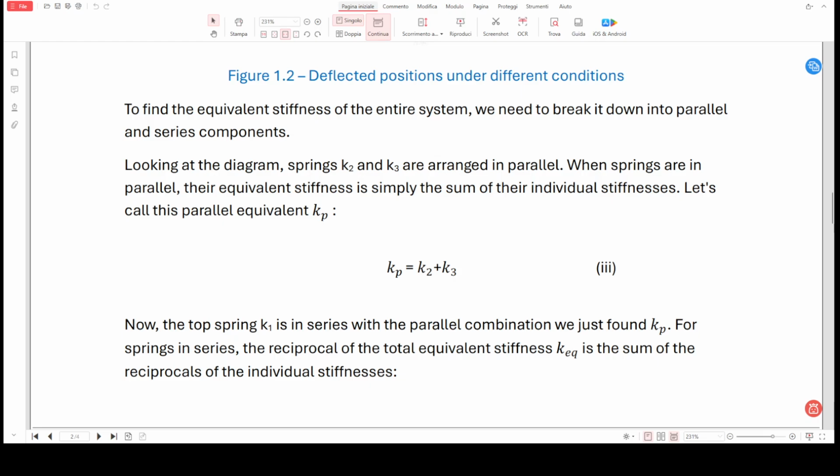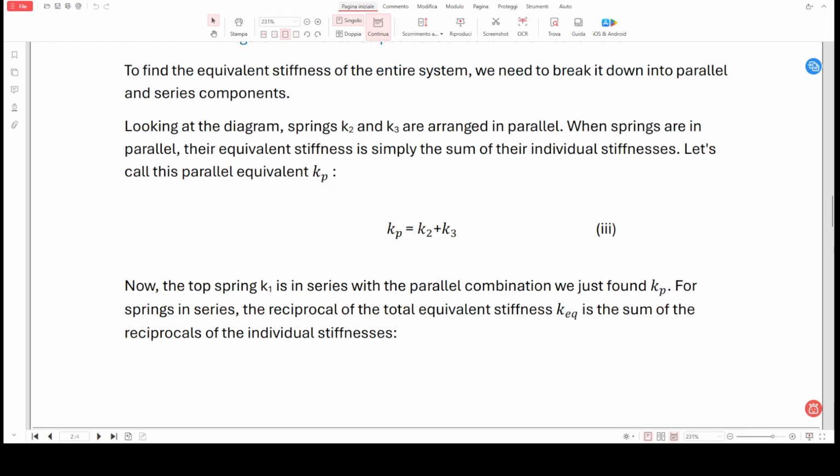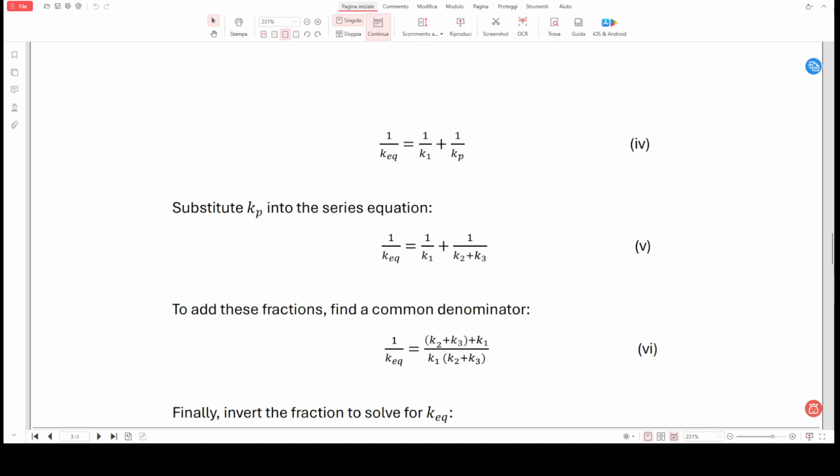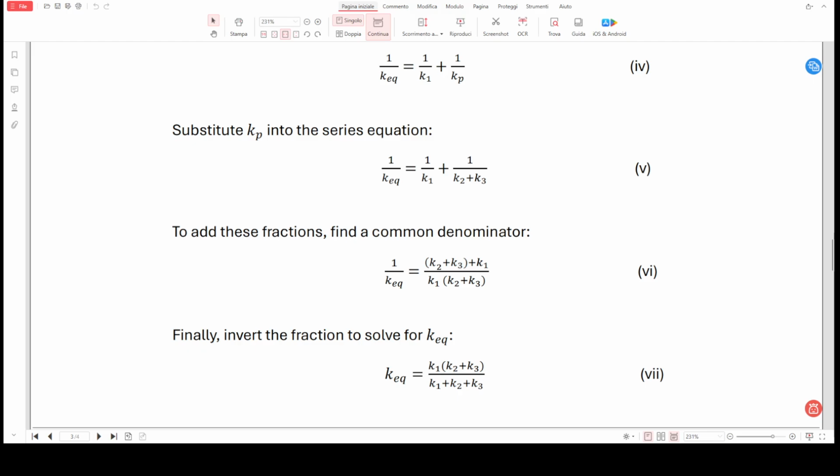For the springs in series, the reciprocal of the total equivalent stiffness kappa equivalent is the sum of the reciprocals of the individual stiffnesses. So we can write 1 divided by kappa equivalent is equal to 1 over kappa 1 plus 1 over kappa parallel. So substituting kappa p, we can find this equation.